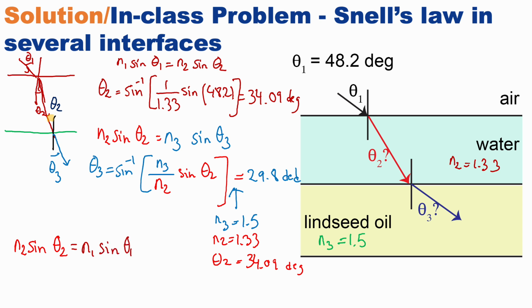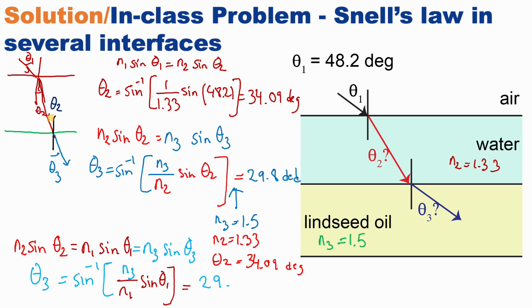So we can use the incident angle at the boundary of the air and link it to the refracted angle in the oil to estimate θ3 as the inverse of the sine of n3 over n1 sine of θ1. And if we do that, we just use all the original values, and the result is again 29.8 degrees.